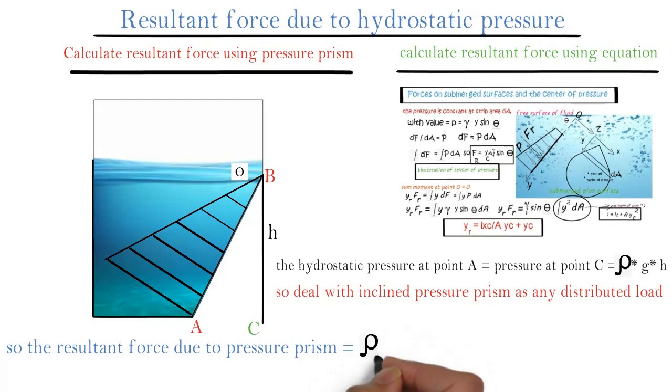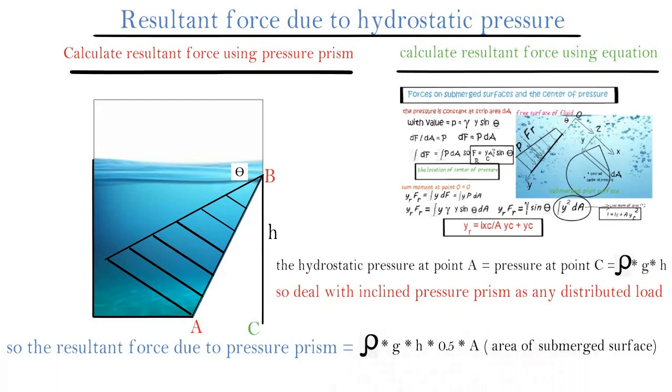You can find the resultant force due to the pressure prism equals rho g h, which is the base value, times one half, which converts the prism to uniform pressure as any triangle load, times the area of the submerged surface, which is the area in the plane perpendicular to the screen.